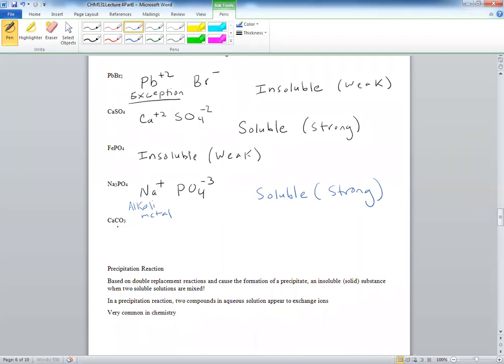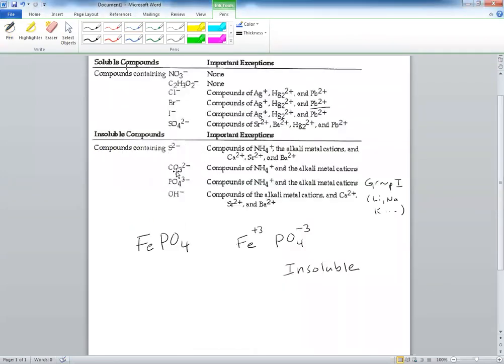You can work on CaCO3. Let's see, what do you think about that? CO3 is down here. It's insoluble, but is Ca one of the exceptions? It's not NH4. And is it one of the alkali metal cations? Is Ca in group 1? Look at your periodic table. You will not find it there.